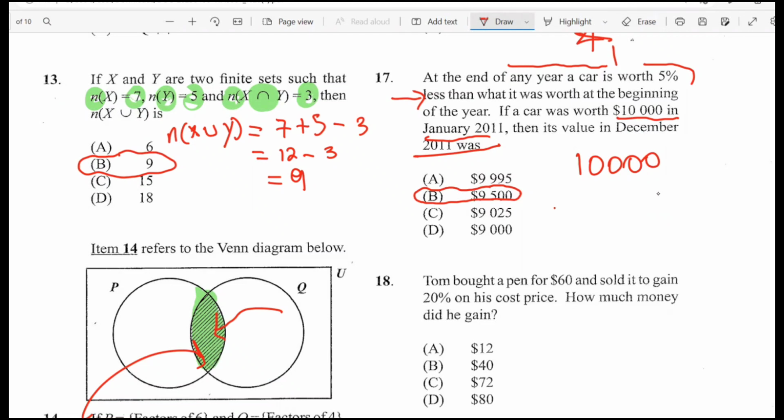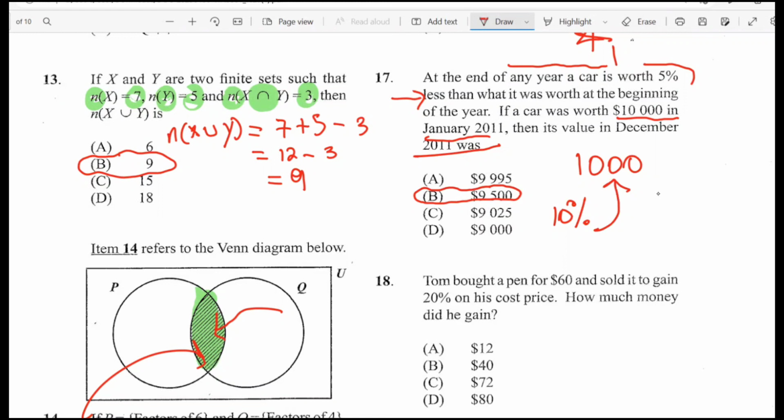When we say 10%, all you have to do is take off the zero at the back. So 10% of 10,000 is $1,000. And they always set up the questions with zeros at the back because they know you don't have a calculator. So you drop off a zero at the back and that's 10%.